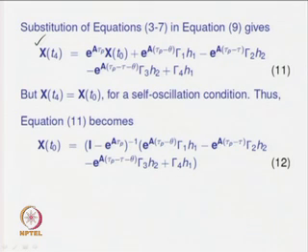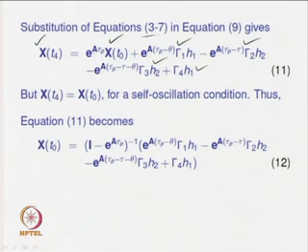So, the value of the state variable at time t equal to t4 can be given in the form of e to the power A tau p x(t0) plus e to the power A (tau p minus theta) times gamma 1 h 1 minus e to the power A (tau p minus tau) gamma 2 h 2 minus e to the power A (tau p minus tau minus theta) gamma 3 h 2 plus gamma 4 h 4. How do we get this solution of the state equation?